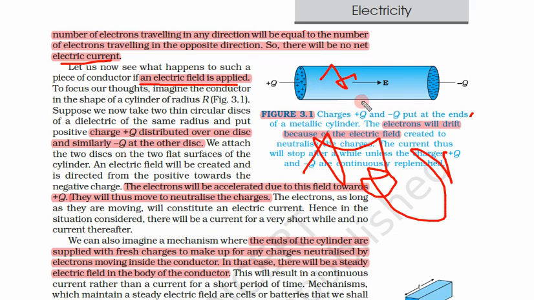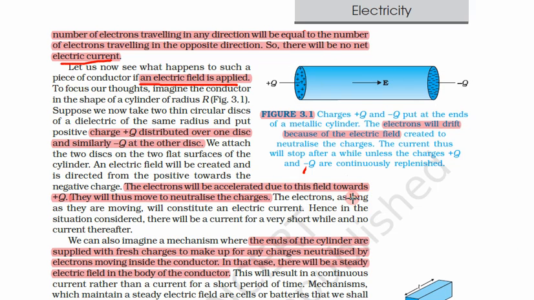They still collide, but there is some overall movement towards the one direction, and this overall movement is towards this positive side. Though the motion is random, there is some motion, and that overall motion is towards this left side.